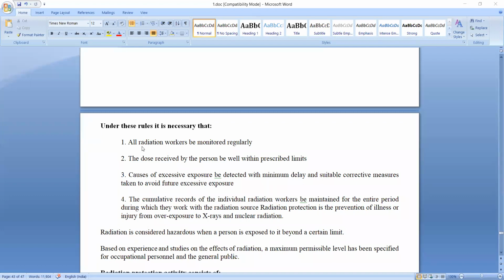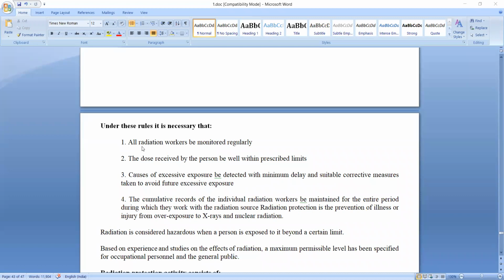We have to check that regularly. Next, the doses received by the person should be within the prescribed limits, meaning how much radiation he received. If there is a limit for the dose received for a day or a particular time, we should maintain that limit. If the limit is crossed, definitely some illness will be created in the particular worker in future.